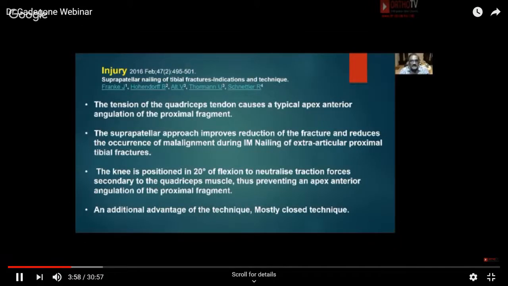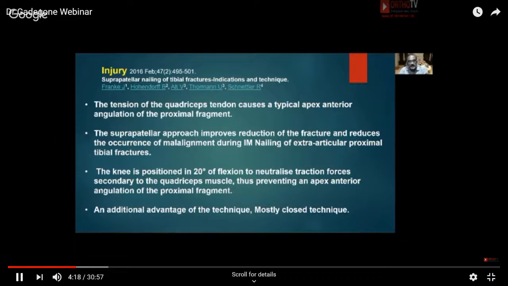The tension of the quadriceps tendon causes a typical apex anterior angulation of the proximal fragment. The suprapatellar approach improves reduction of the fracture and reduces the occurrence of malalignment during IM nailing of extra-articular proximal tibial fractures.